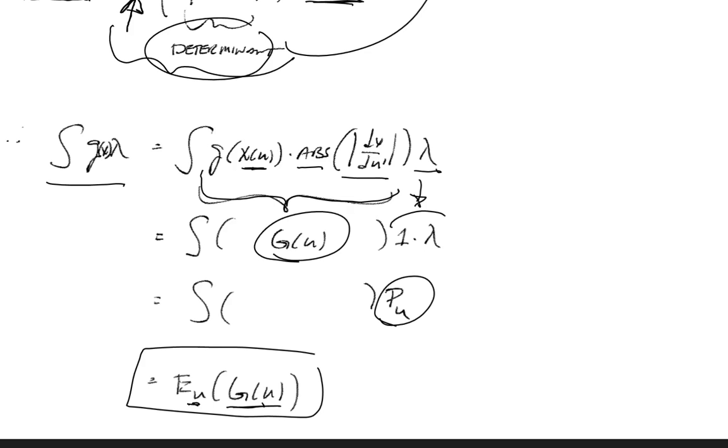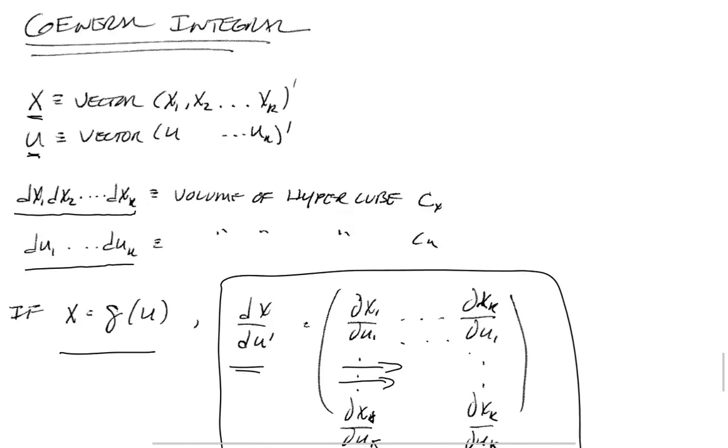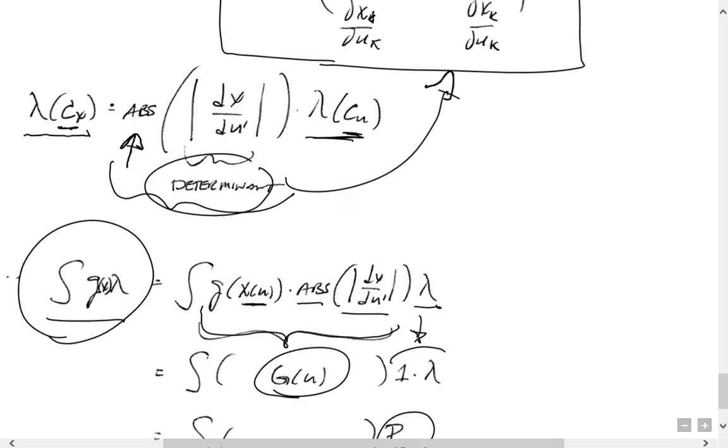So in a general sense, we can take a very general integral that we were interested in, this integral of g of x times lambda. We can convert it to a function of unit interval variables and use our same rescaling, as we've done before.